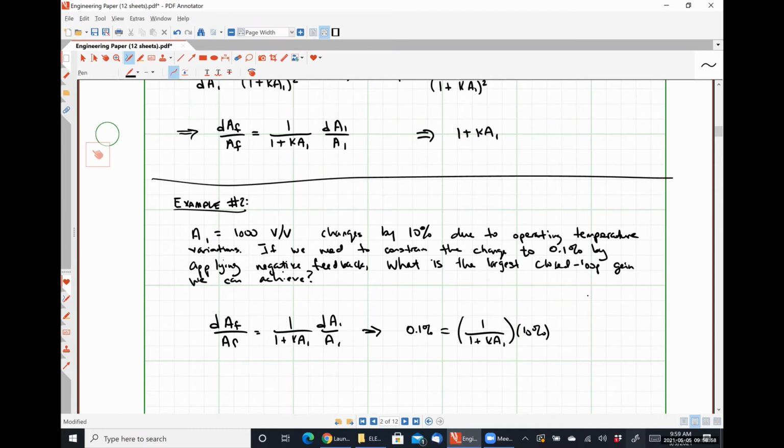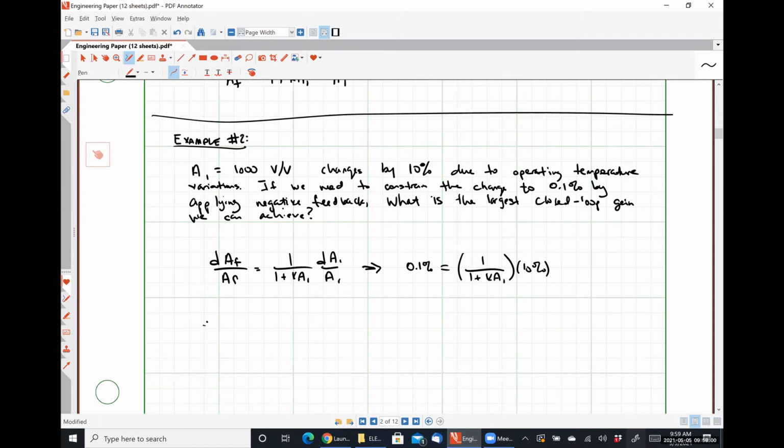And so from this, we can easily see that our amount of feedback, or our gain desensitivity factor, 1 plus KA1, is simply 10% divided by 0.1%, or 100. And from this, our closed loop gain is going to be 1,000, our open loop gain, divided by our amount of feedback, or 10 volts per volt, okay?